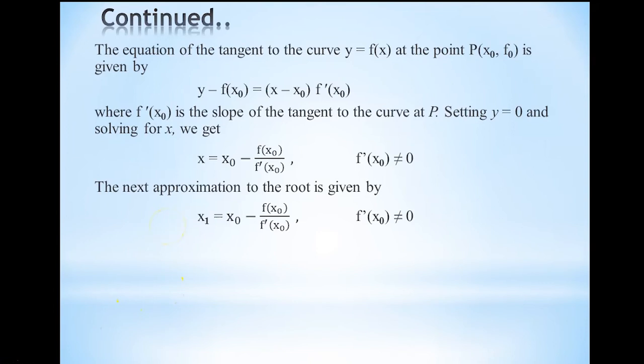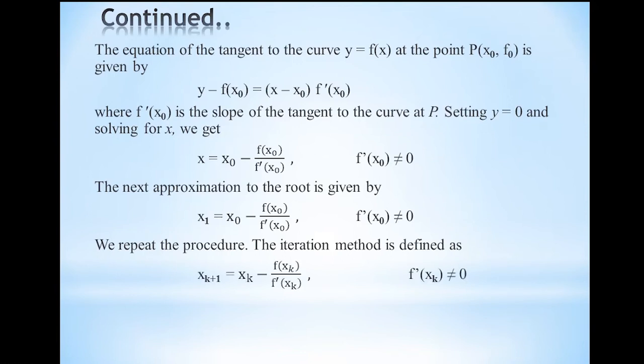So here x1 is not your desired root, so what you have to do is continue with the approximations, let's say x2, x3, xk and xn and so on, so that you will get your desired answer. So the general formula for this will be xk plus 1 is equal to xk minus f of xk divided by f dash of xk, where f dash of xk is non-zero.